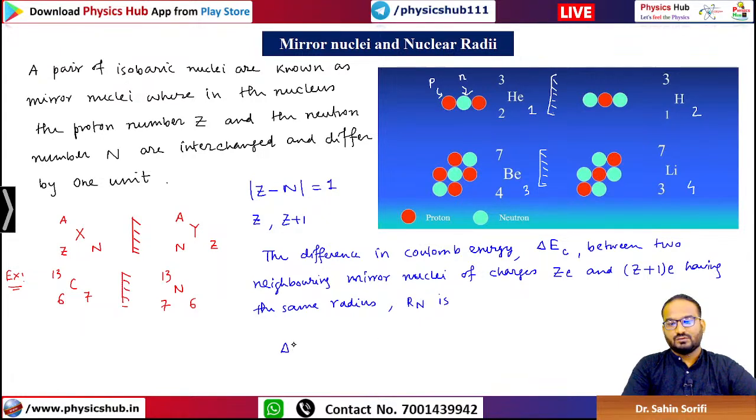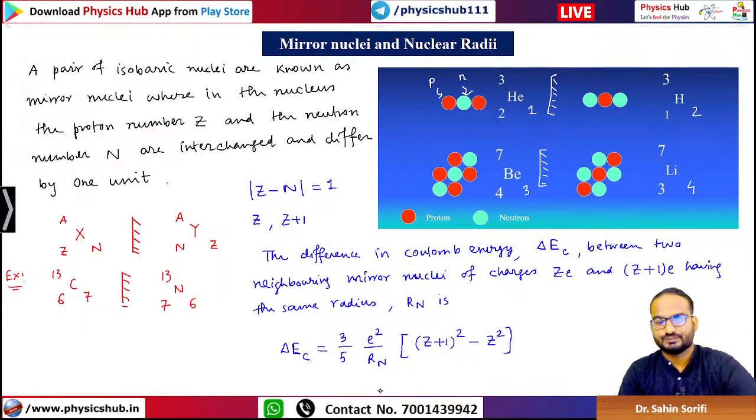So the formula goes like this: delta EC, the difference in their Coulomb energy, is equal to 3 by 5 E square by Rn into (Z plus 1) whole square minus Z square. So this is your mirror nuclei formula.